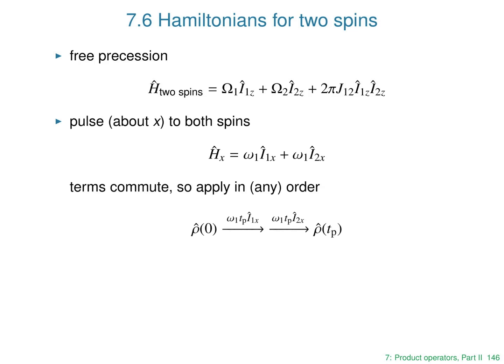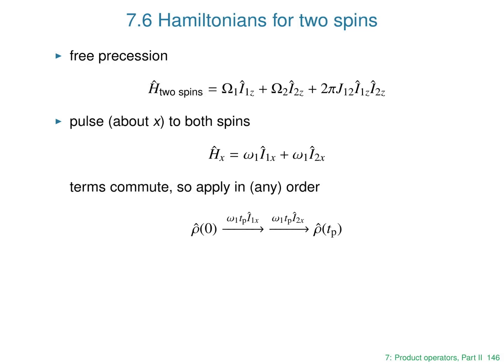Now, if you're going to apply a pulse in a homonuclear system, for example if you're dealing with two protons, you're going to apply the pulse to both of the spins. So you have a term, omega 1 I1x, that's for the pulse applied to spin 1, and omega 1 I2x, that's for the pulse applied to spin 2.